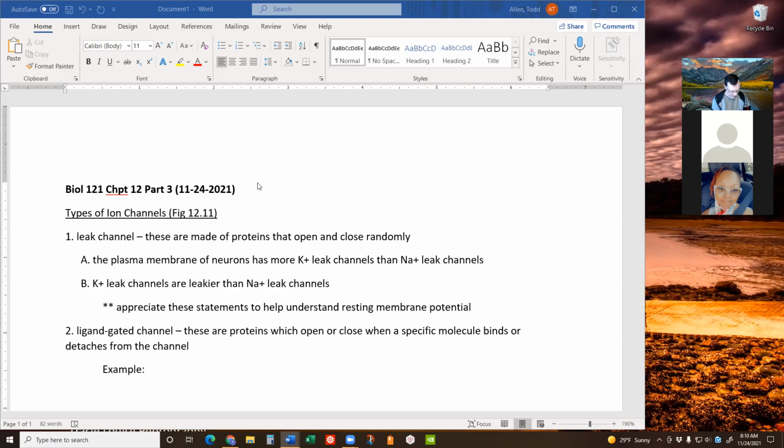The name of this ligand-gated channel starts with the letter A. Any takers out there? I know it's one of those things where you got past the exam, so all the knowledge just floats out of your brain, right?